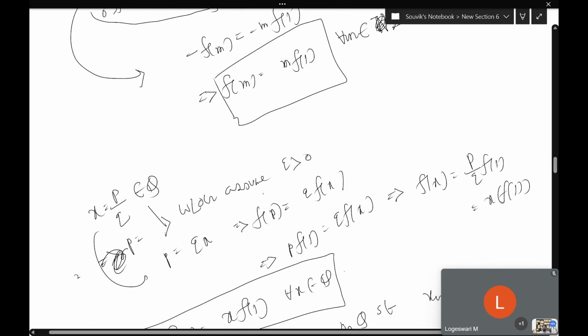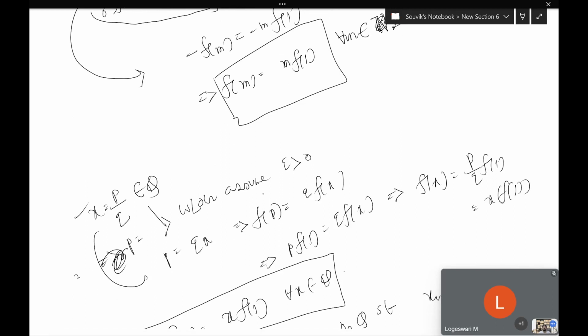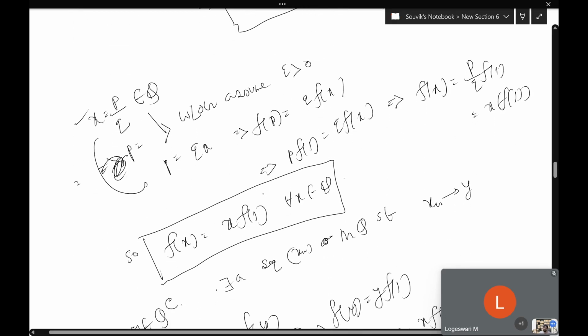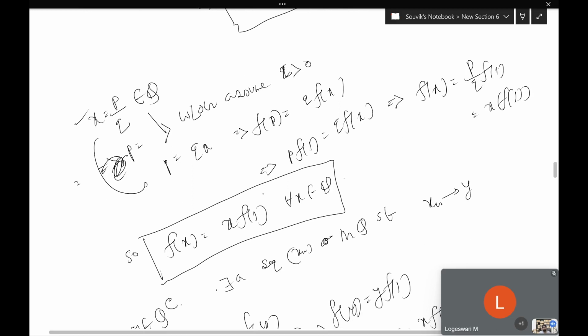Now it holds for rational numbers. So here we take a rational number x equal to p by q, and without loss of generality assume q is greater than 0.